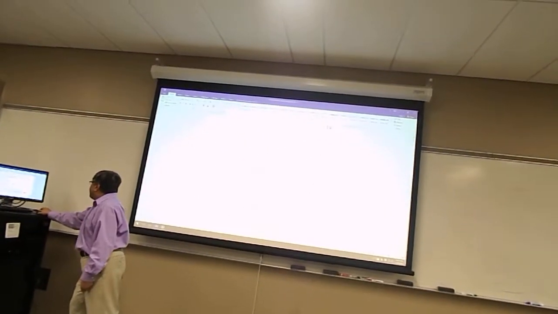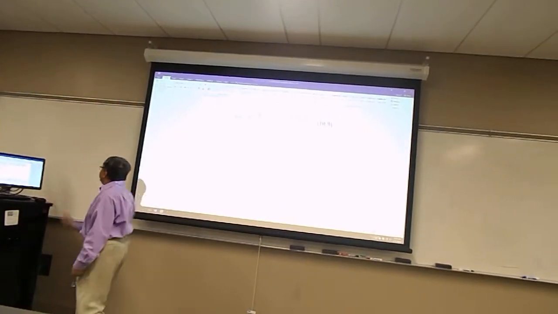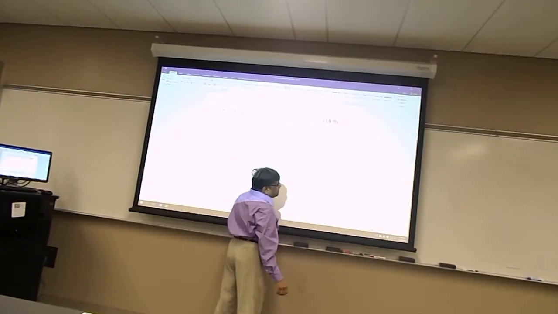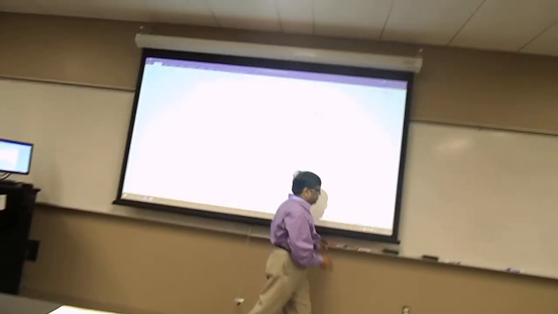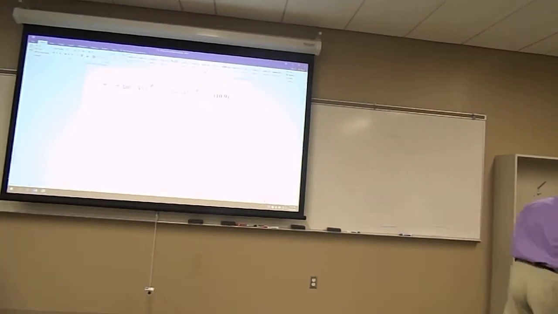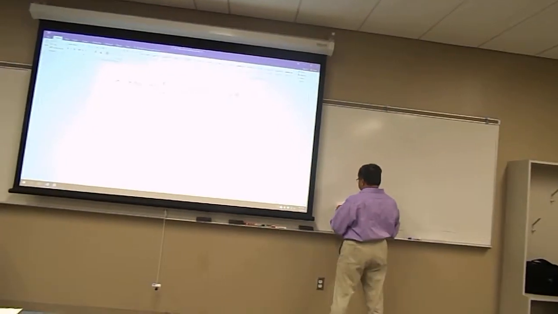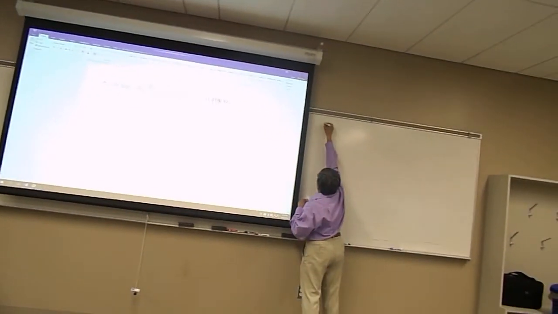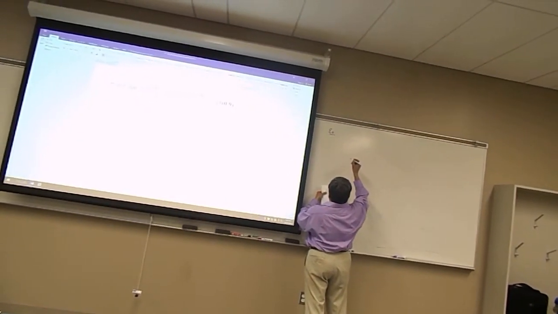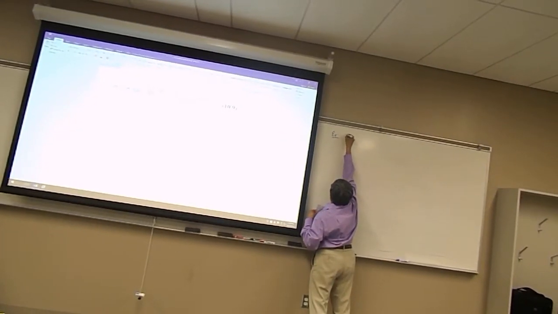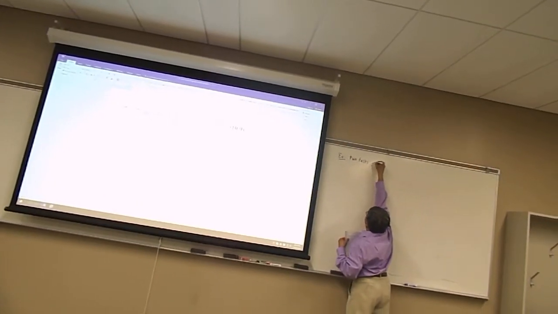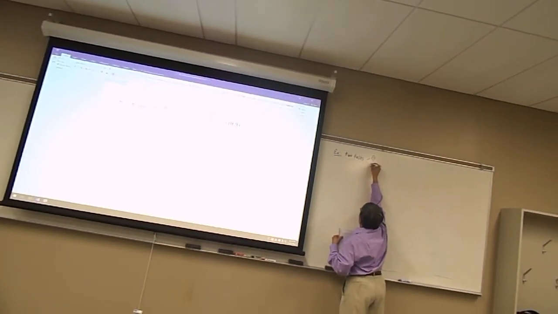That's one way. The other way is to use this equation with known values of sigma 1 prime and sigma 3 prime to solve for C prime and phi prime. Let me give you an example. Let us say we have sigma 3 prime, 2 tests are conducted, 1 and 2.